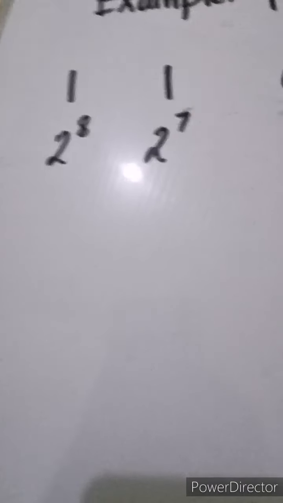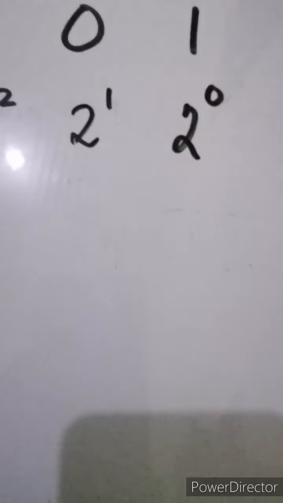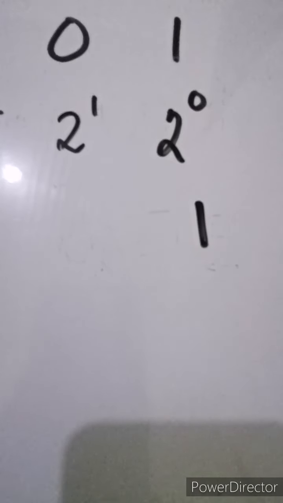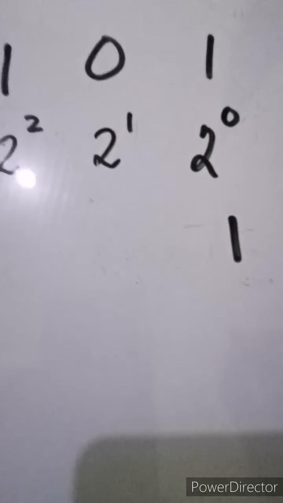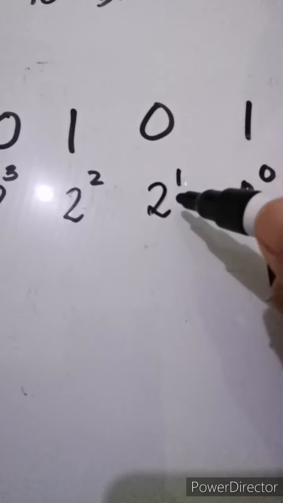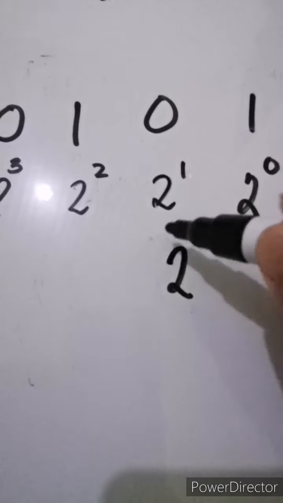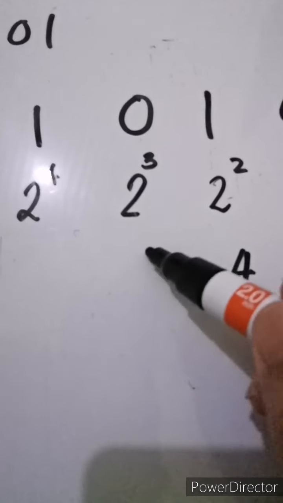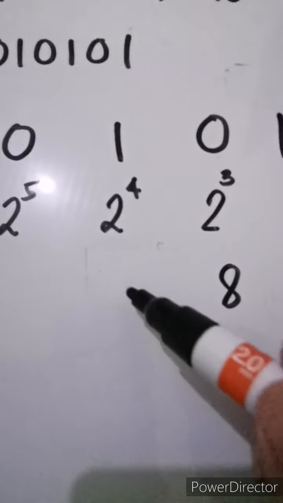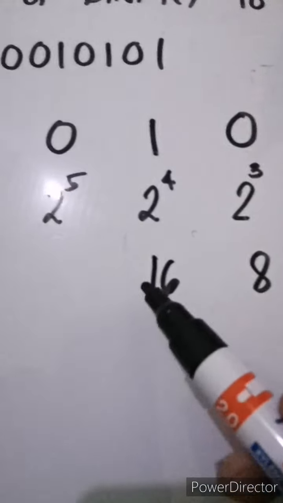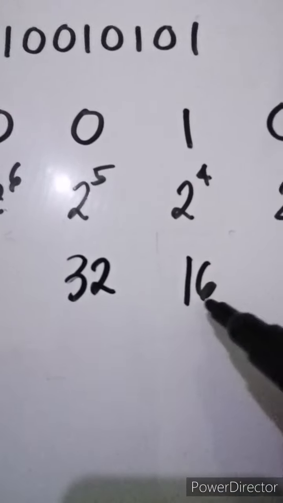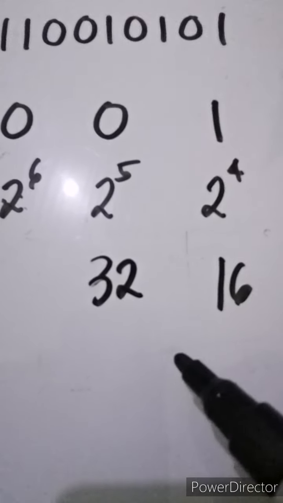Kuhanin muna natin. So, 2 to 0 is equal to 1, kasi any number raised to 0 is equal to 1. And then we have 2 raised to 1 is 2. 2 squared is 4. 2 cubed is 8. 2 to the 4 is 16, kasi 8 times 2 is 16. 2 to the 5 is 32, kasi 16 times 2 is 32.